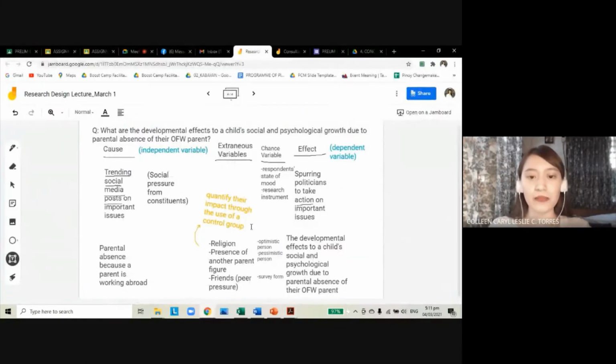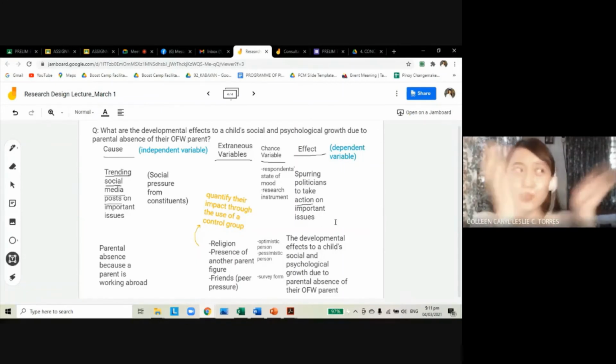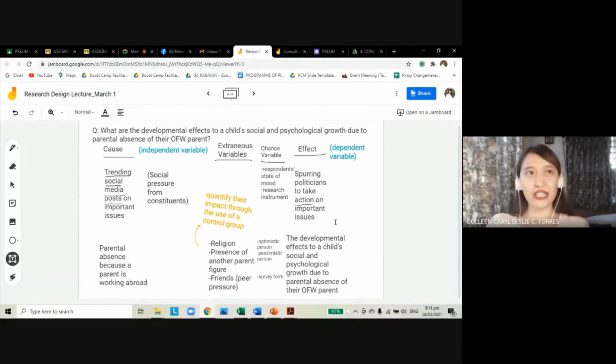So here, let's say, for instance, we have a control group wherein ang isa ka grupo kay a group of children who do have parents, no, who grew up with their parents. So I guess that could be a control group, because if we compare the children who do have parents with the children who don't have parents, we can see the differences between the two.